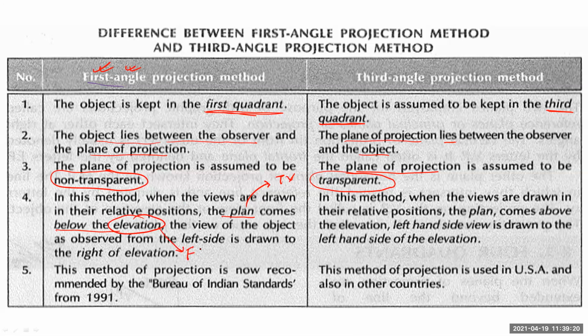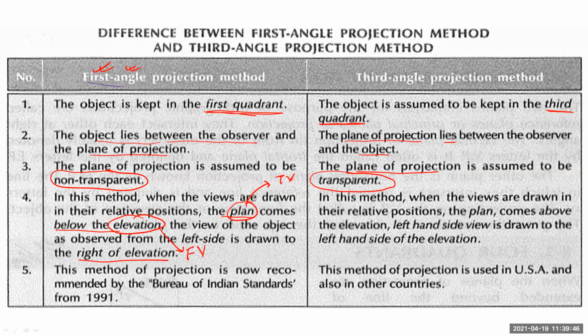For civil engineering students, normally they used to use these terminology, plan and elevation. Okay. So the plan comes below the elevation and the view of object observed from left side is drawn to the right of the elevation. So that also we have discussed when we were watching that animated video.